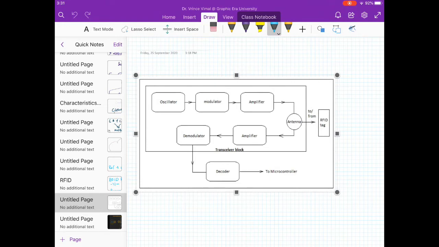We'll talk about tags a little later, but if we want to see a simple RFID system, here on the screen you can see a basic block diagram of a simple RFID system.